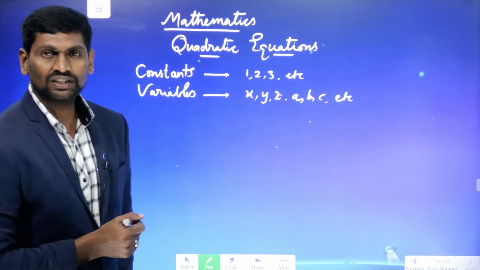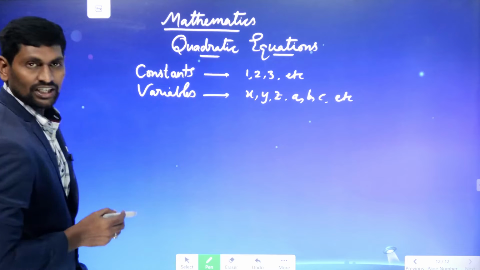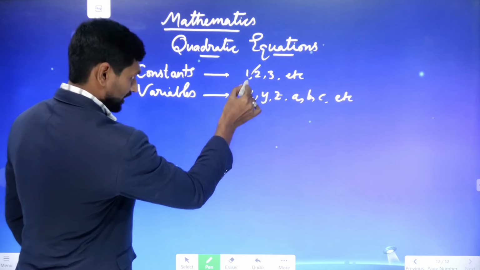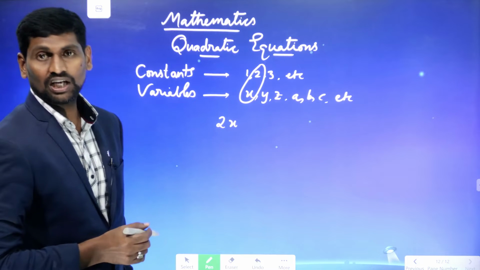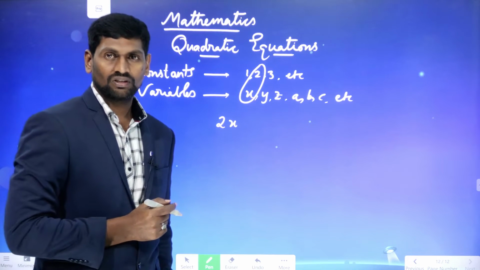And combinations of constants and variables, like 2 into x with a multiplication symbol, form terms.